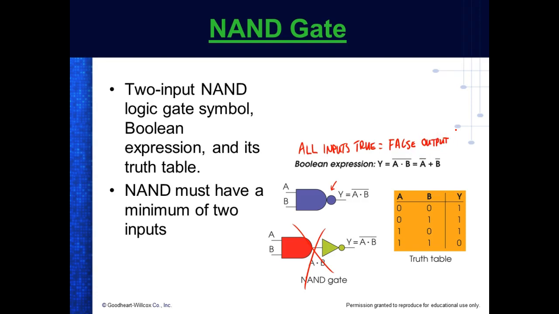So here we say, okay, if all the inputs are true, then the rung will be false. Because here we're dealing with rungs, right? Okay. How are we going to make that guy?